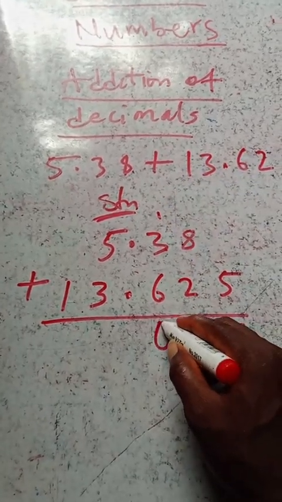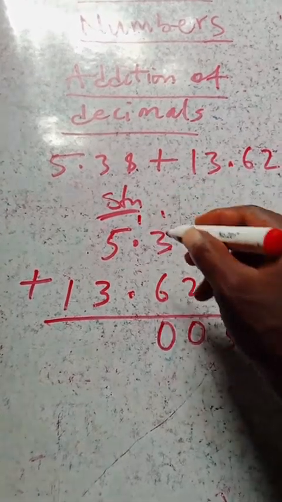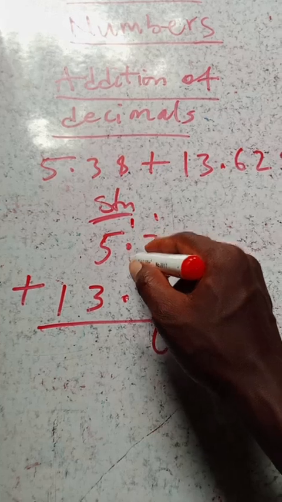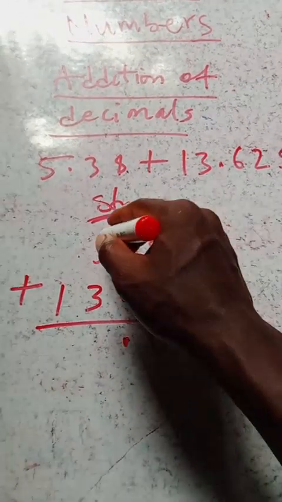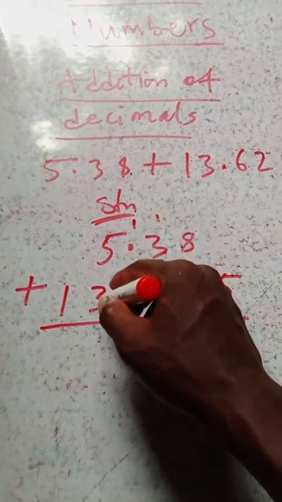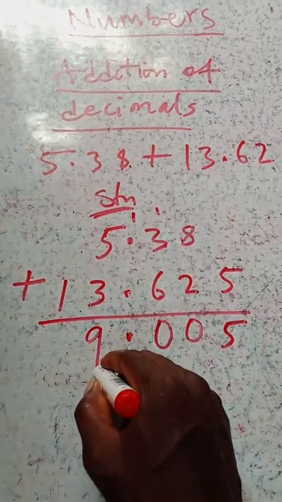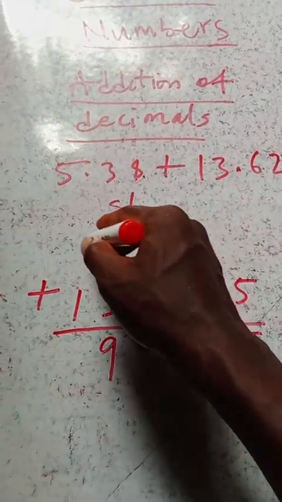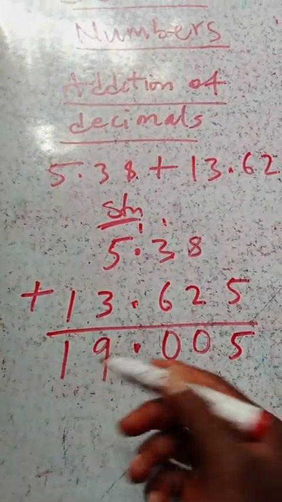So you write down 0 and raise 1 again. And this is where the decimal point is, so you bring it down. You always bring it down. So 5 plus 3 is 8, plus that one you raised is 9. And here there's nothing to add to 1, so you bring down the 1. Simple.